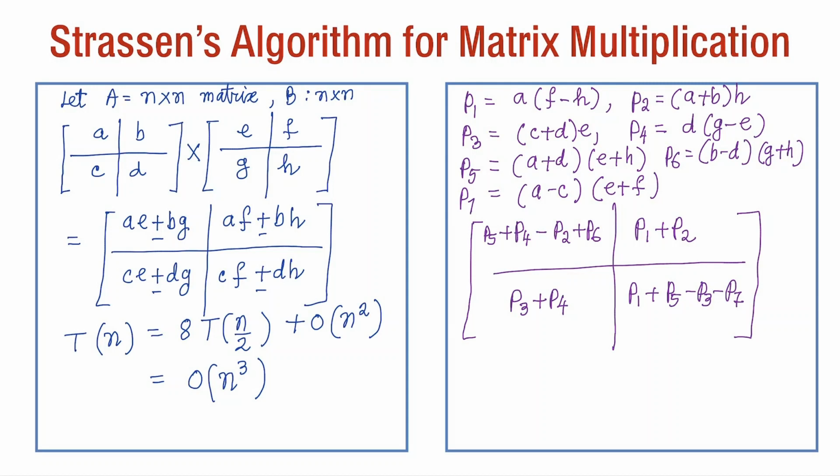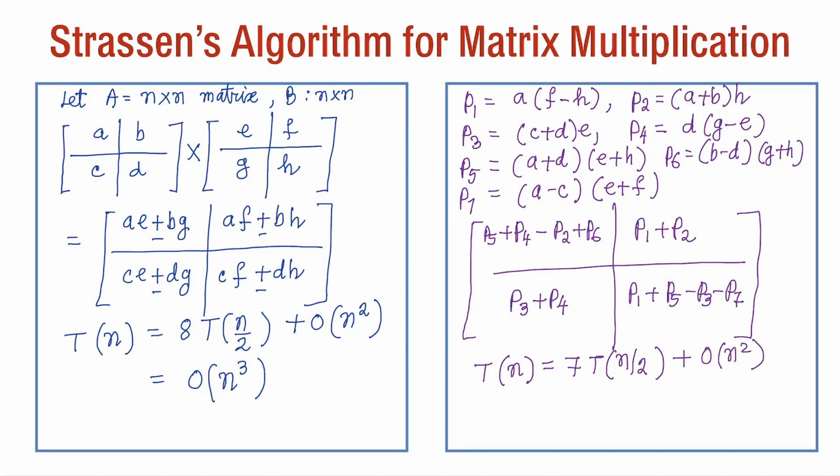There can be other ways in which you can do it, but the interesting thing obtained by doing this was that now only 7 multiplications were required. And since 7 multiplications were required, the time complexity of the problem now becomes 7 T(n/2) plus order n squared.